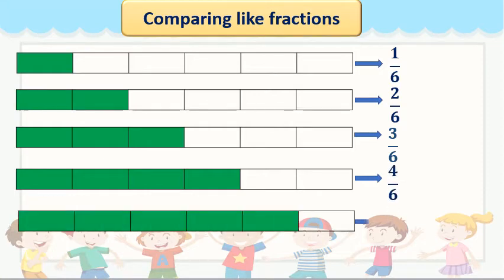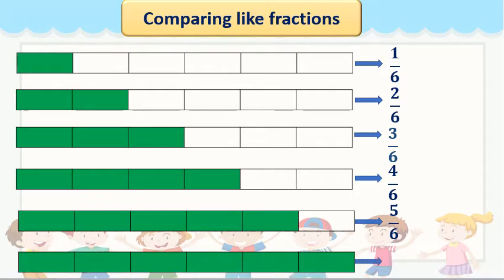And here we have colored 5 parts and here we have colored all the 6 parts. Got this, students? Here we want to compare the like fractions. These are all like fractions because they all have the denominator 6. Isn't it?